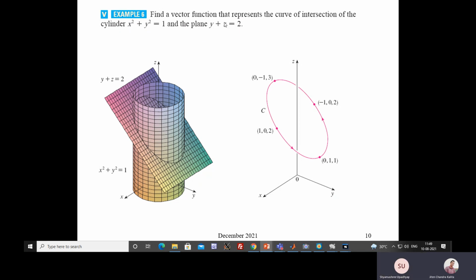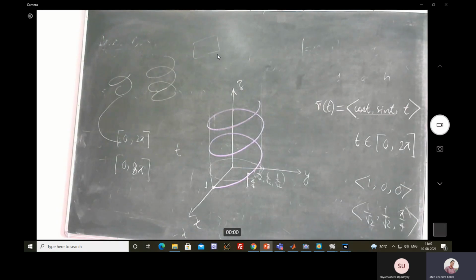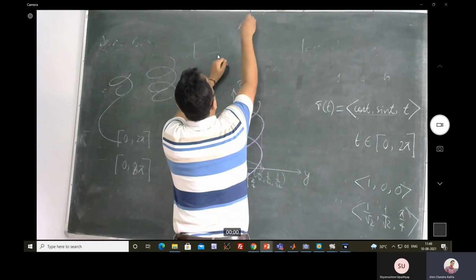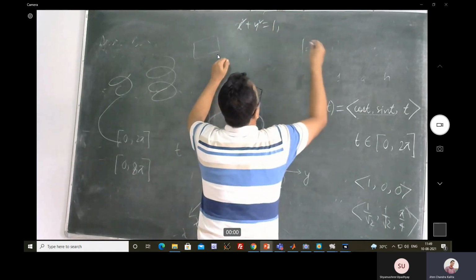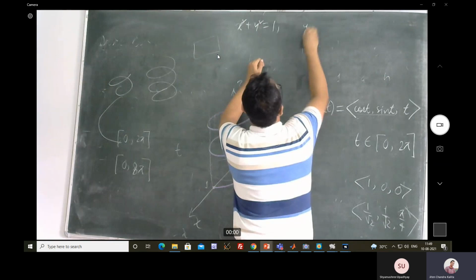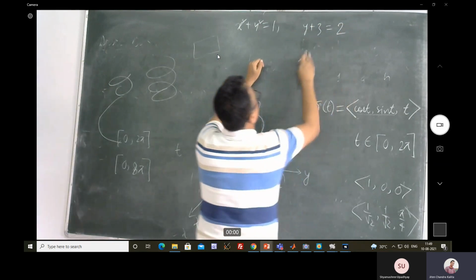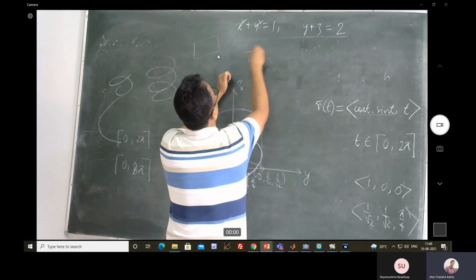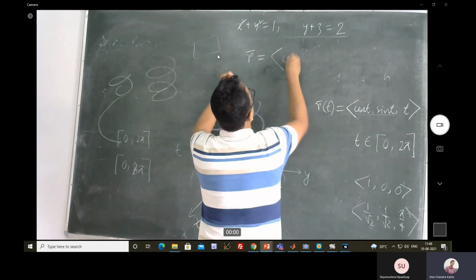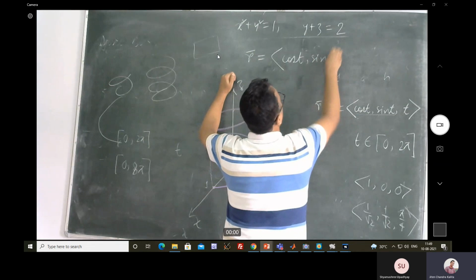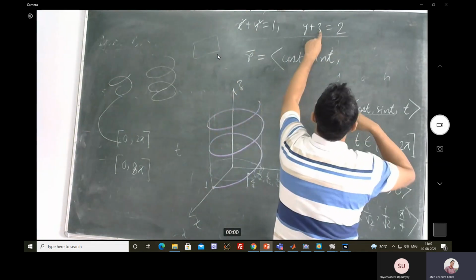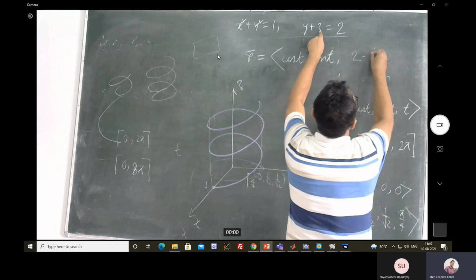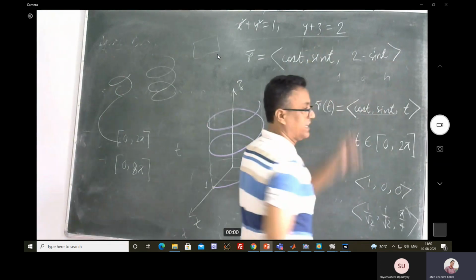So that means z I can get from the other equation, y plus z equal to 2. So r, I can write it as cos t, sin t, and then z equal to, because y is sin t, 2 minus sin t.